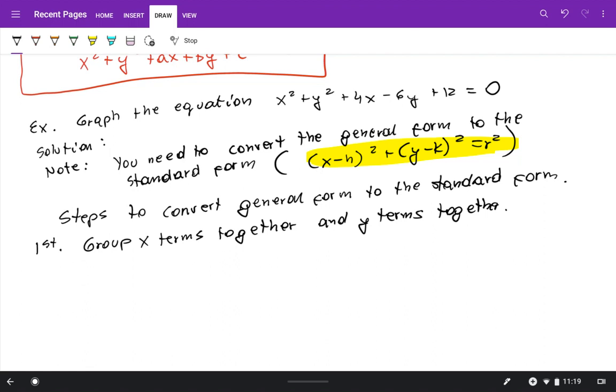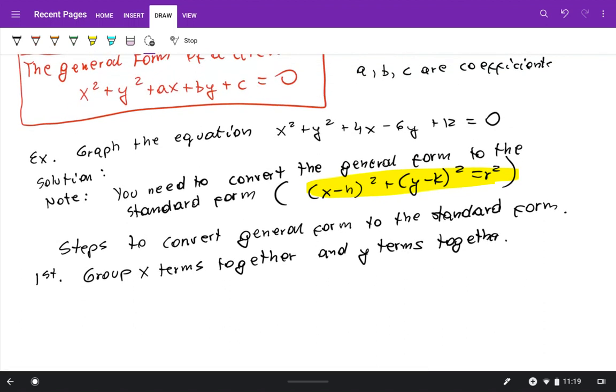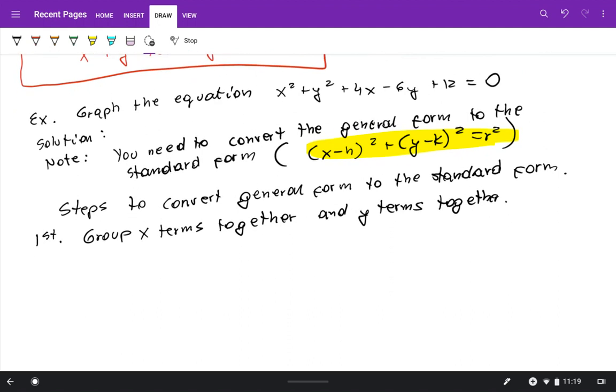So this is our equation. This is the general form, x squared plus y squared. So let me just copy that.